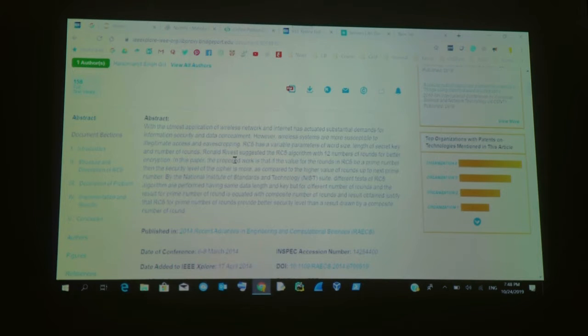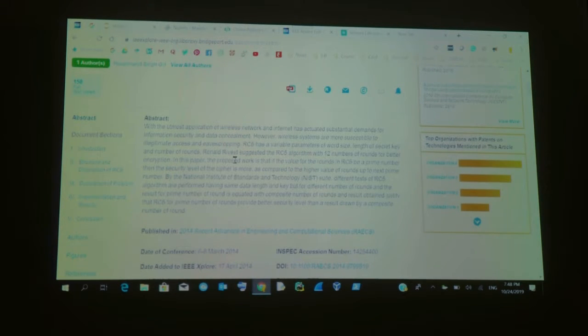RC5 is one of the encryption techniques we spoke about last week, right? It has variable parameters of word size, length of secret key, and number of rounds. Ronald Rivest suggests that RC5 algorithm with 12 rounds for encryption.